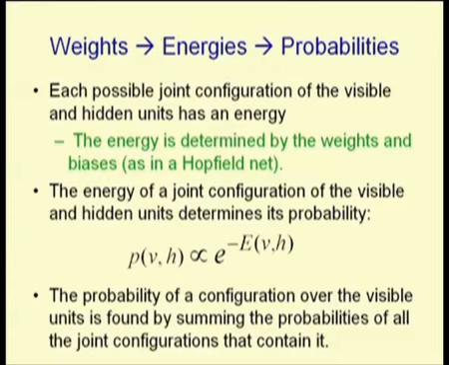If I run one of these networks using stochastic logistic units, then the probability of a joint configuration will be proportional to e to the minus this energy. So by lowering the energy, I can raise the probability of a joint configuration. And so now I can manipulate probabilities by changing energies, and I can manipulate energies by changing weights, which is just the product of the activities. So it looks like I might have a simple rule for manipulating log probabilities.